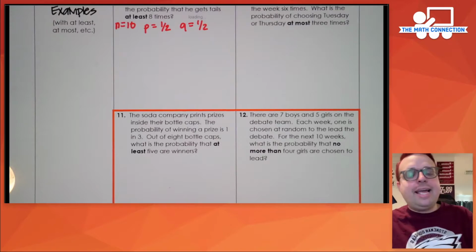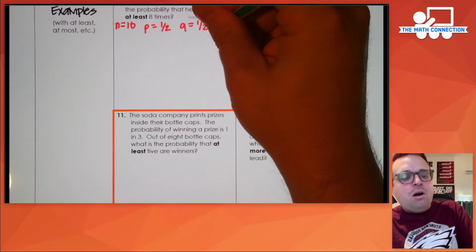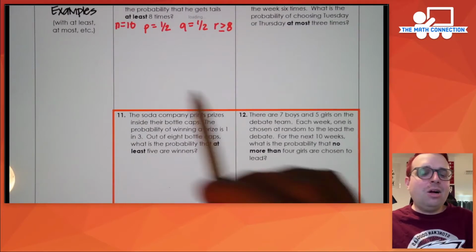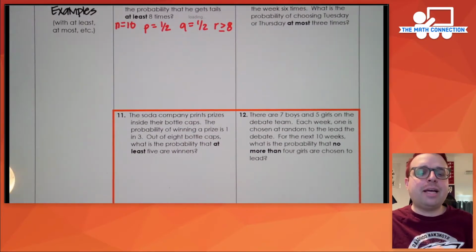Well, I can. So R is, if it's at least 8 times, R has to be greater than or equal to 8. It's not going to go over 10 though, obviously, because I'm only doing this experiment 10 times. Like I couldn't have 11 successes when I'm only doing 10 trials of the experiment.